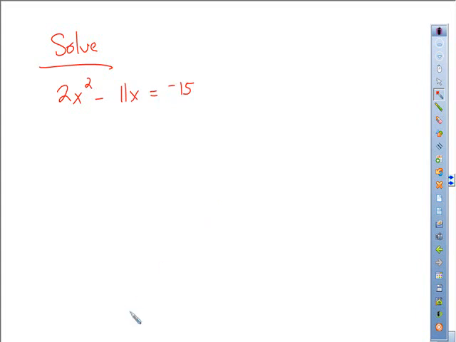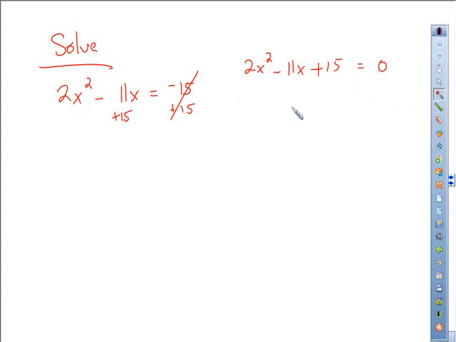So we're going to add 15 to both sides, that way we get 0 on the right side. Then the problem becomes 2x squared minus 11x plus 15 is equal to 0. So the problem is equal to 0 now.